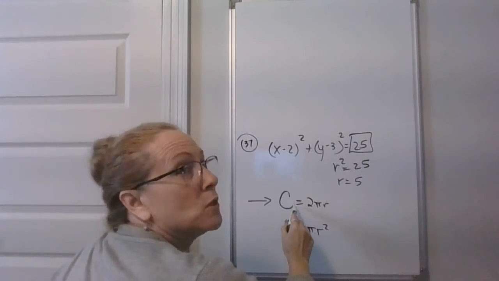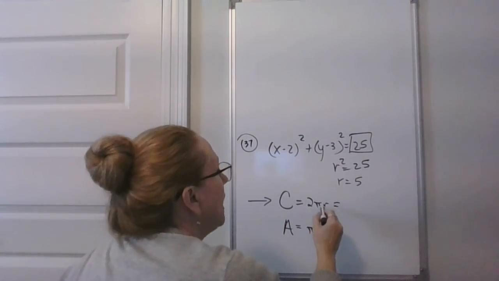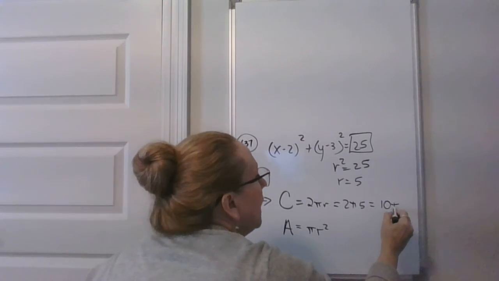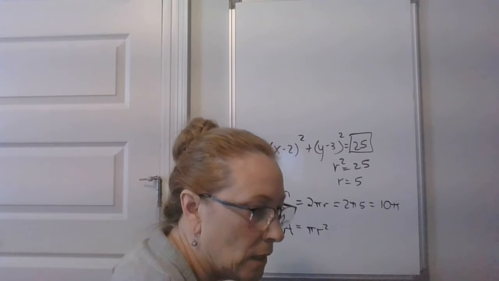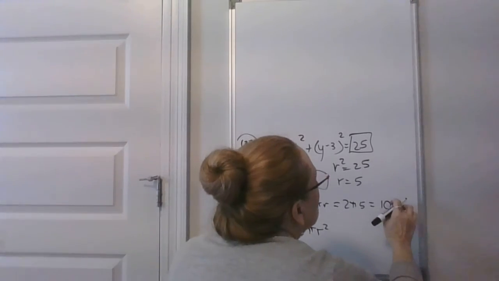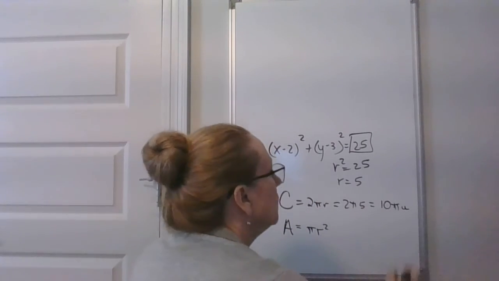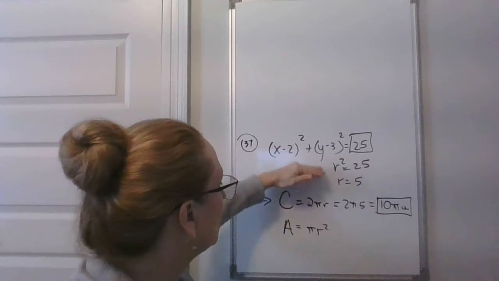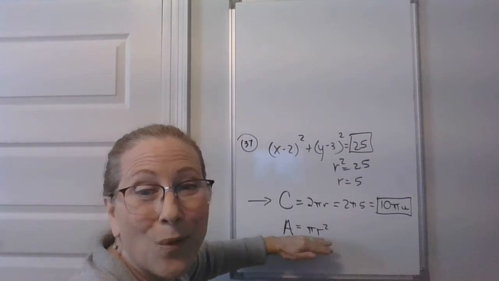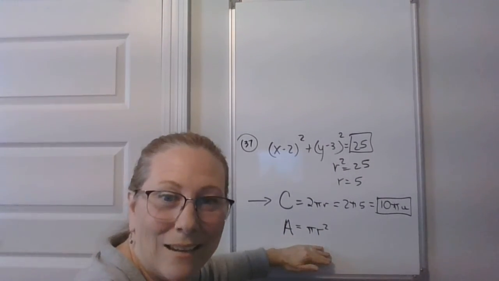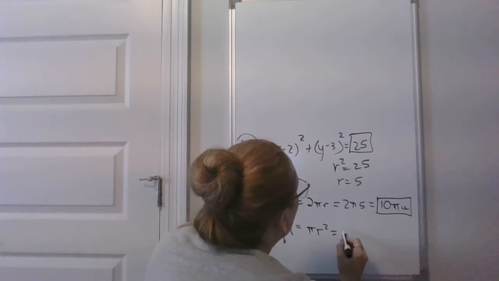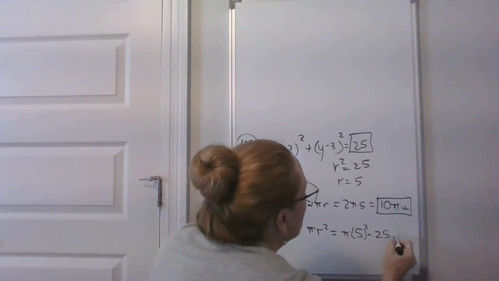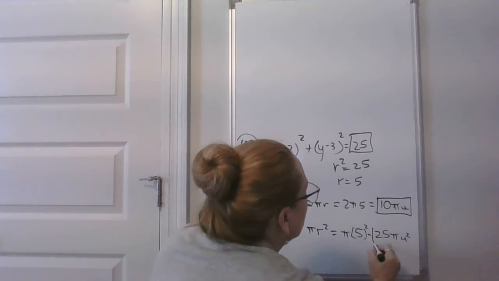So for our circumference question, 2 times pi times 5 gives us 10 pi, and of course they provided the word units behind it. So this would be our answer for circumference. That was the answer to the original problem. Now, if we're asked for area instead of circumference, we would plug in 5 squared, and we get 25 pi units squared.